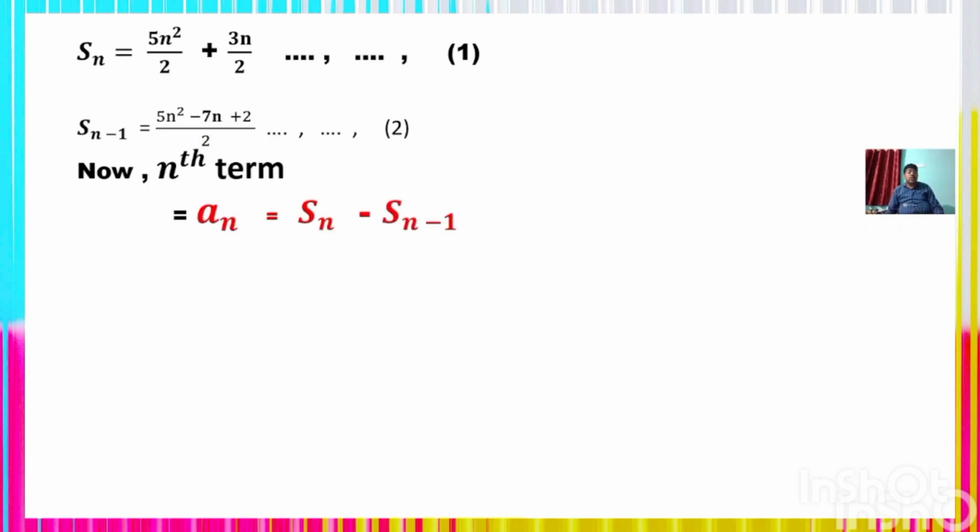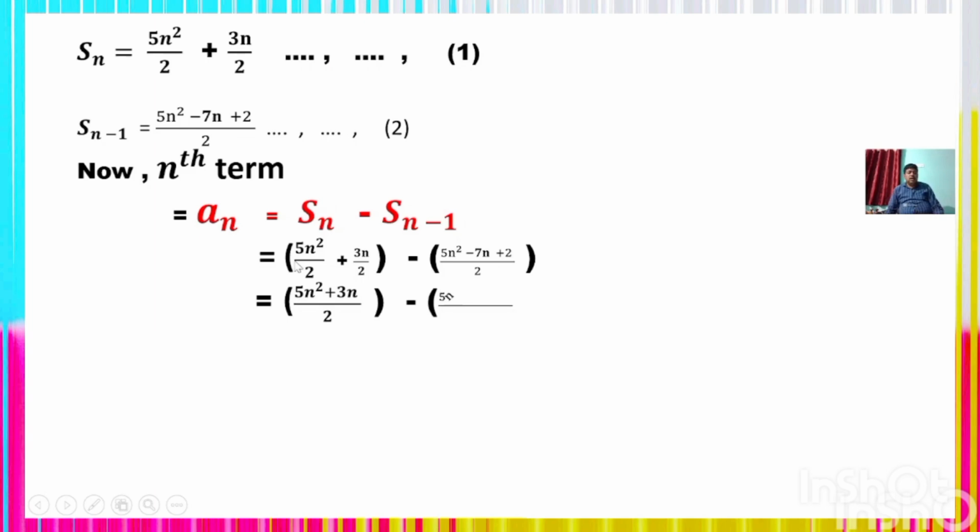Using the formula, note down this formula: an is equal to Sn minus Sn minus 1. The value of Sn is 5n square by 2 plus 3n by 2 minus the value of Sn minus 1, which is 5n square minus 7n plus 2 whole divided by 2. Now you can take the LCM using the bracket.